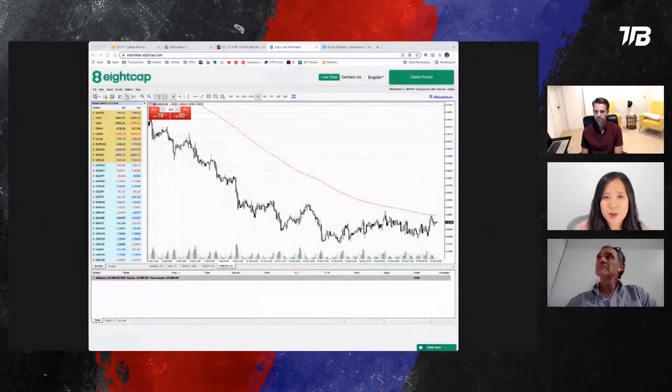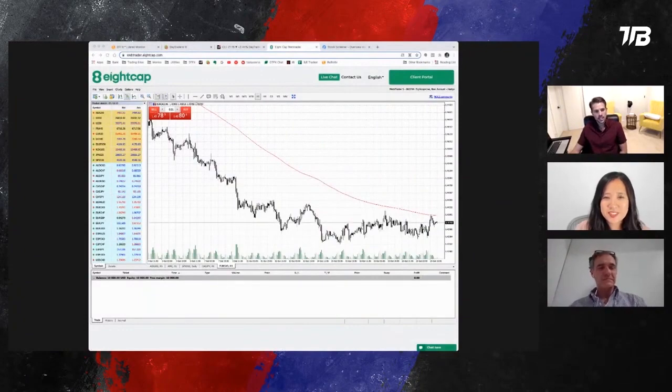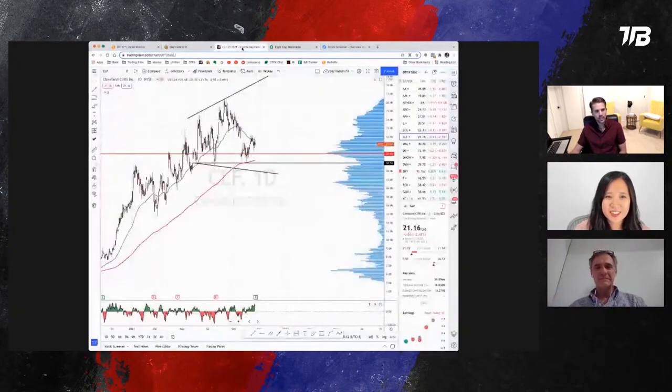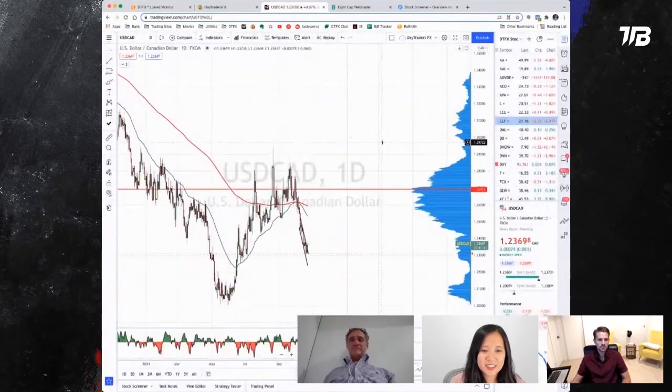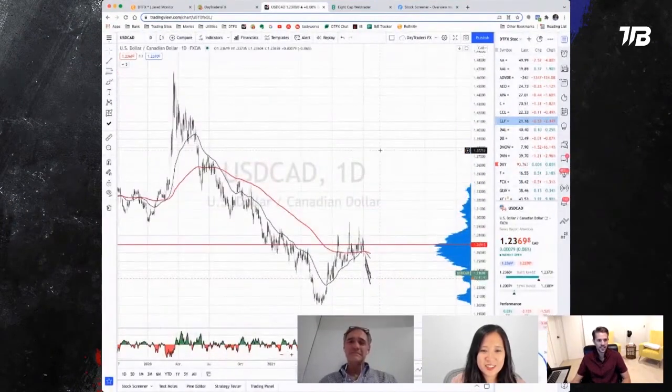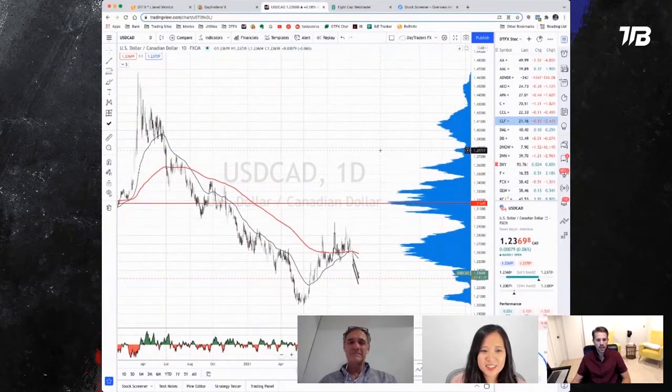So if we're going to kick off with the first trade, are you looking to buy dollar CAD? Is that the play that you're starting the session off with? I'm a little torn. If I can show this chart for a second, we have some dollar CAD activity that I think looks pretty interesting. I like the Euro CAD as well.